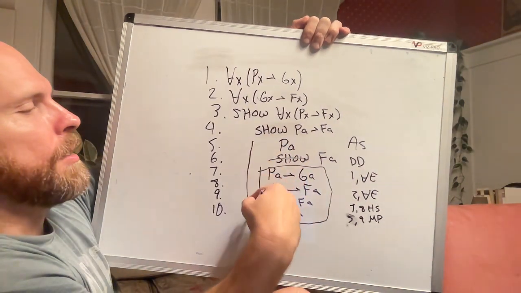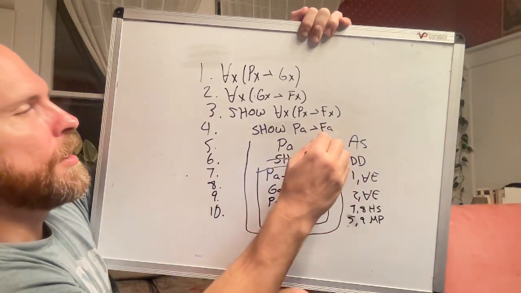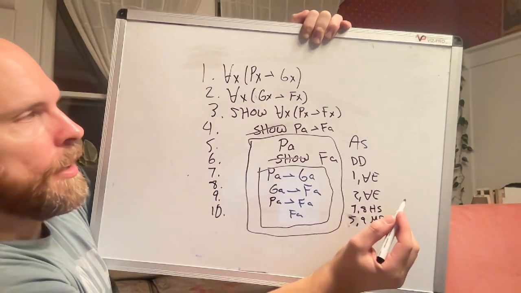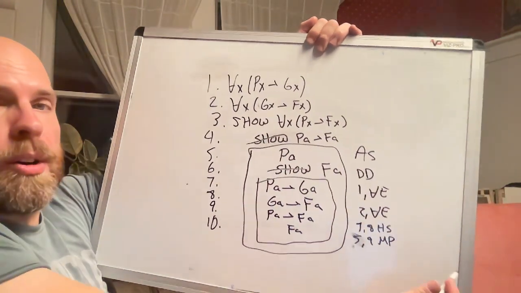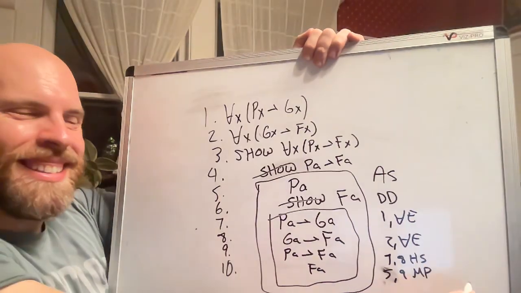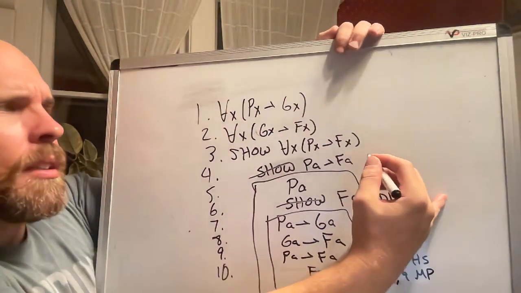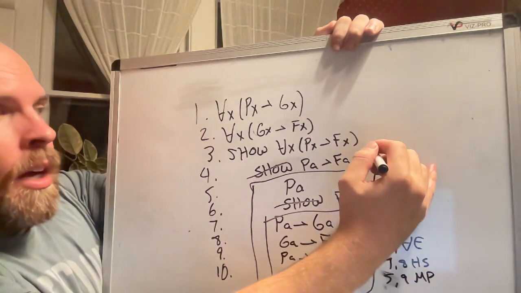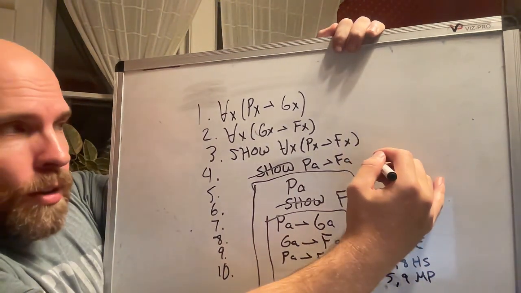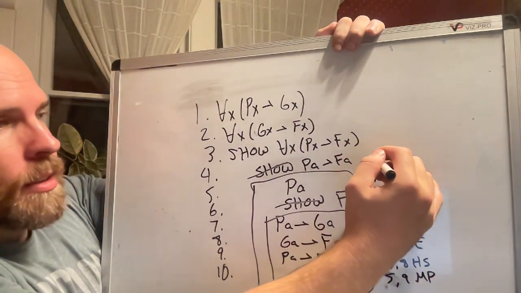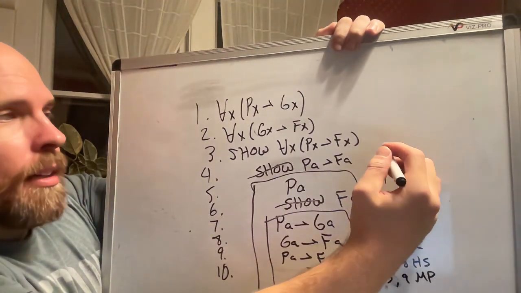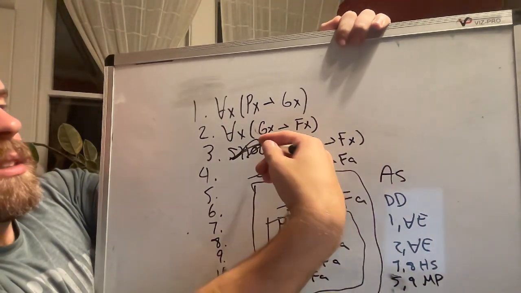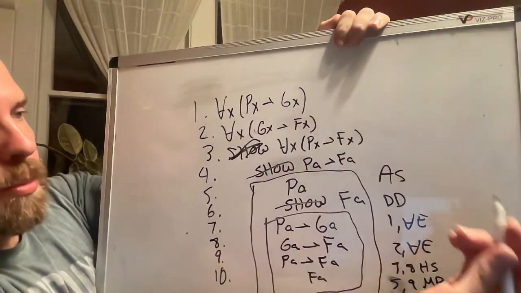And now because I did that on the condition of PA, I showed FA, that allowed me to show if PA then FA. Here's the important part. Because I did this with an arbitrary selection of the universal, I am able to infer based on this assumption that this applies to everything in the domain. It's arbitrary.